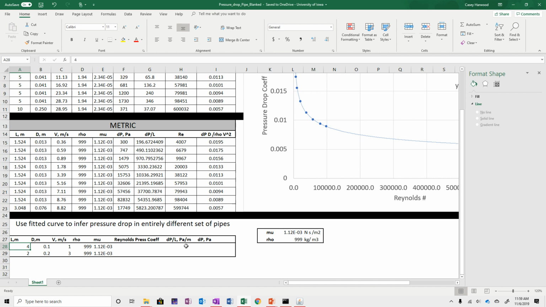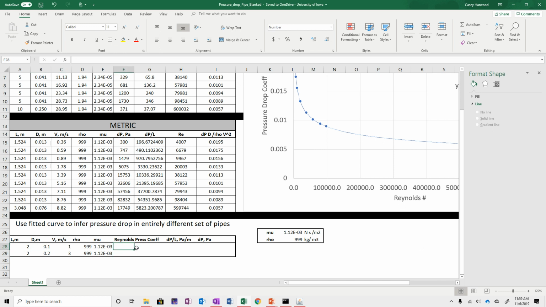There was a 10 and a 20 centimeter pipe, both of them 2 meters long with different velocities, carrying water. We're asked to estimate the pressure drop along those lengths of pipe.